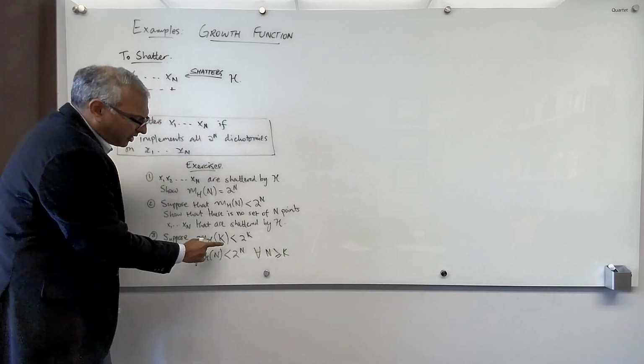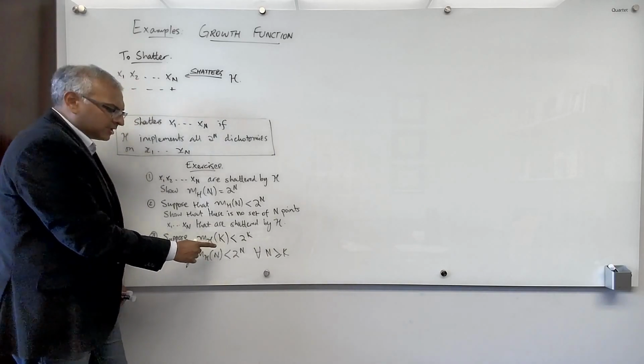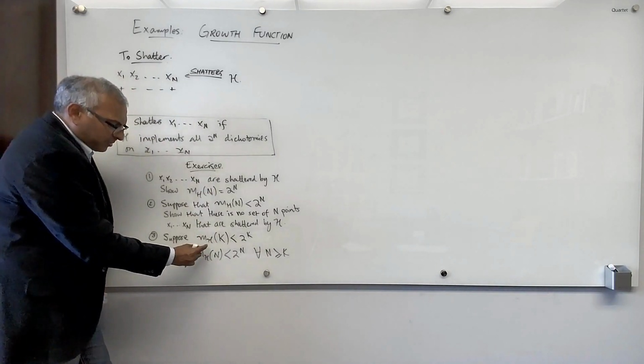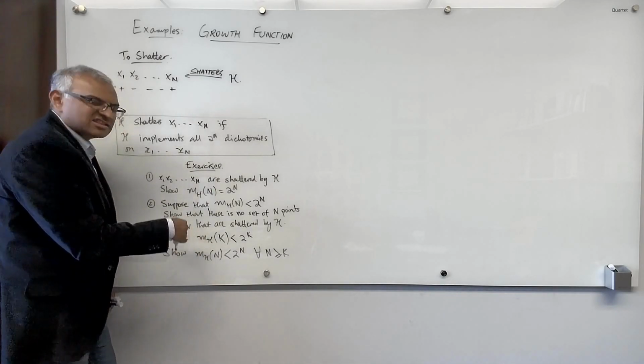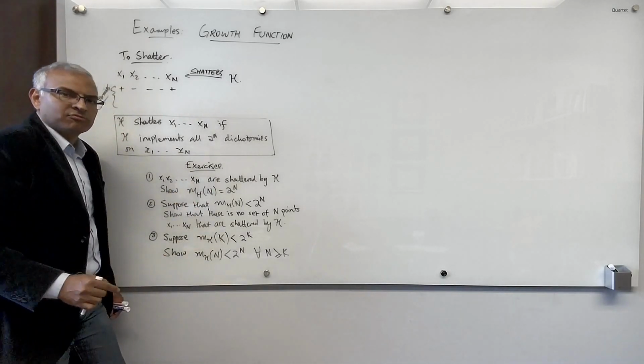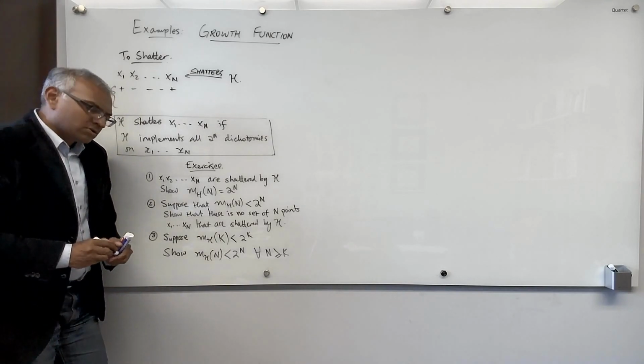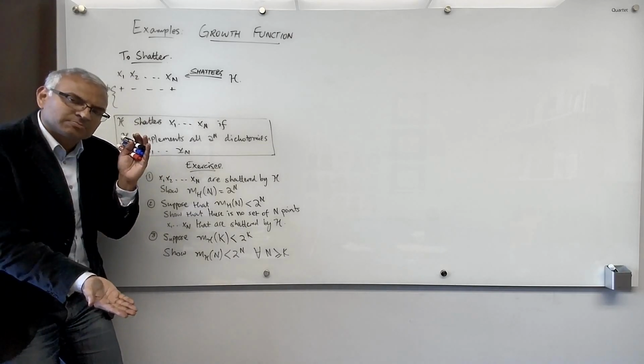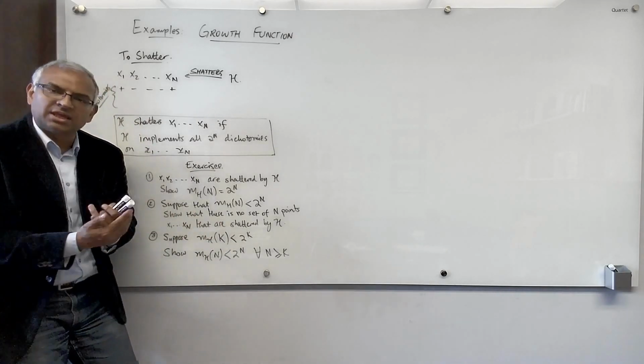So in other words, if you find a value k, a number of data points k, which breaks a hypothesis set, in other words, this hypothesis set is deficient with respect to that number of points, what that means is that no matter how you choose those k points, the hypothesis set is not as complex as possible. It cannot implement all 2 to the k dichotomies.